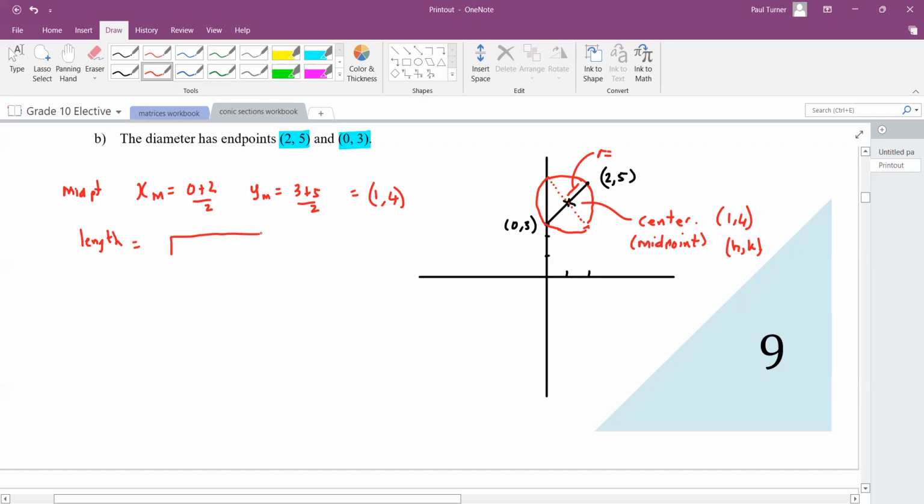And that's given by, remember the formula, y2 minus y1 squared plus x2 minus x1 squared. So we'll just stick our endpoints into that. So that would be 5 minus 3 squared plus 2 minus 0 squared.